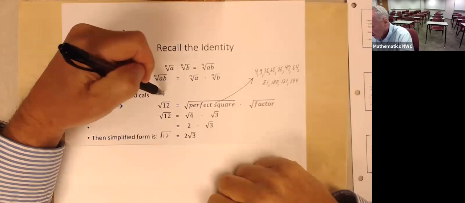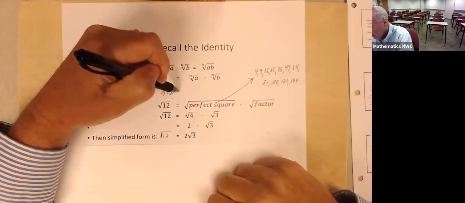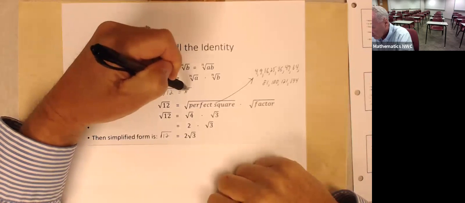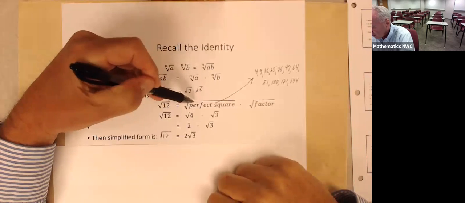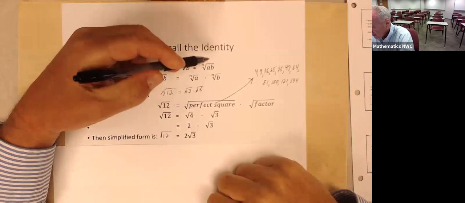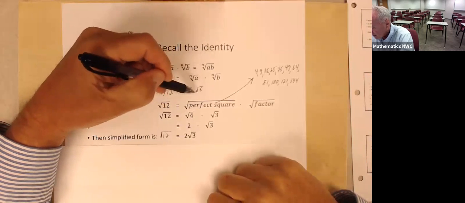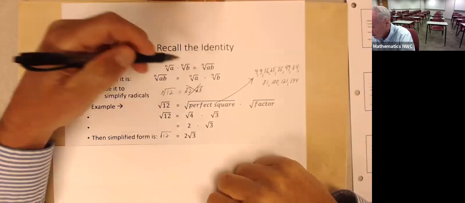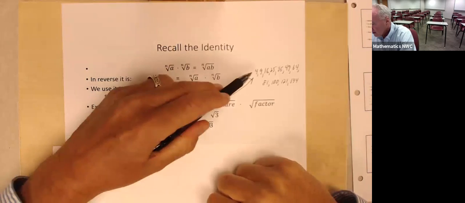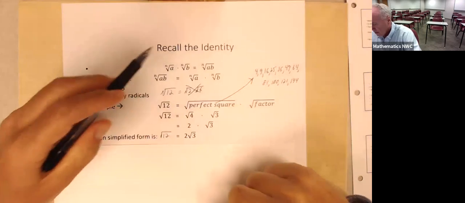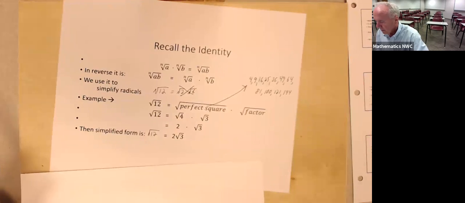Notice that I could have gone up here with radical 12, and I could have said radical 2 times radical 6, but neither one of those would have been perfect squares. So that would not have allowed me to get rid of one of those radicals. It wouldn't have done me any good. I had to use radical 4 because that was one of these perfect squares.